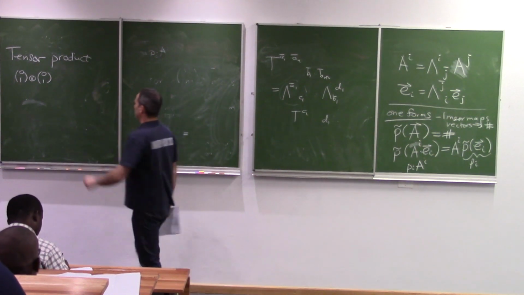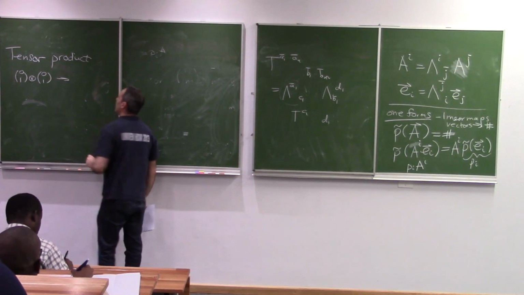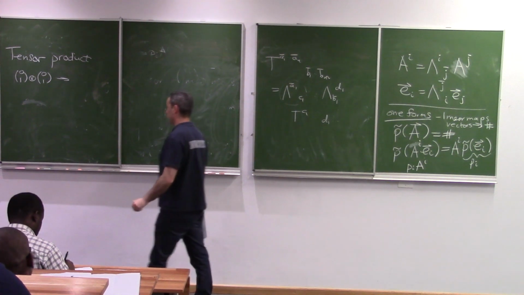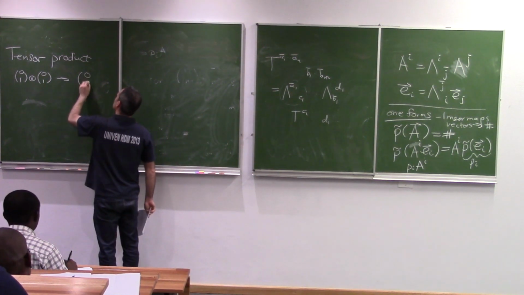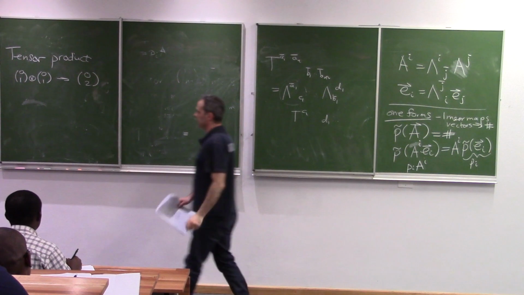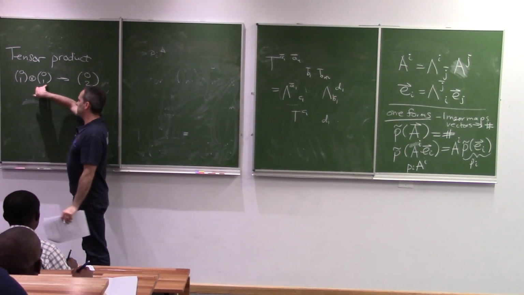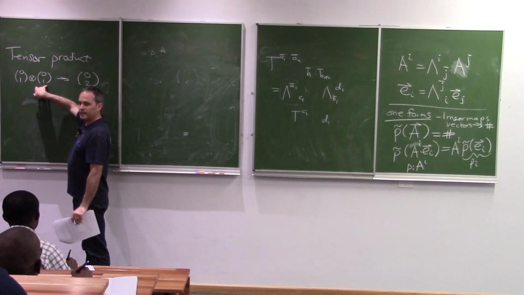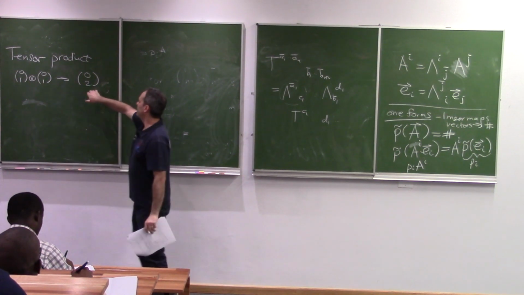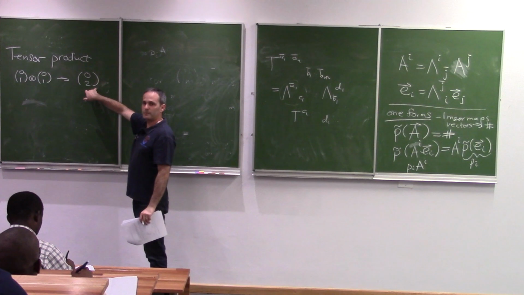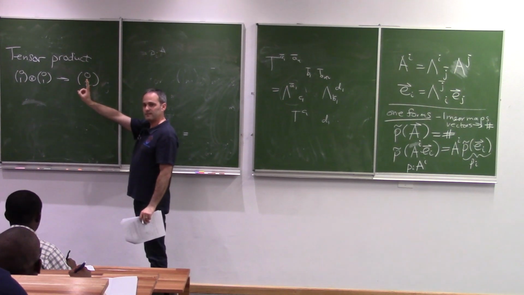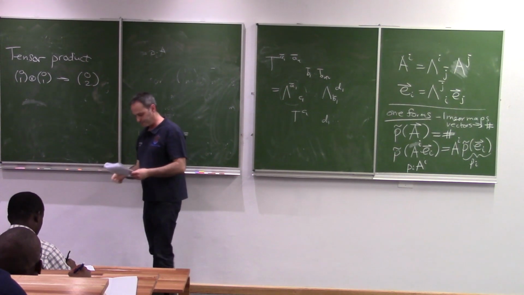So the tensor product for one forms will take two one forms and map them to something which is a 0-2 tensor. So this will take two objects, and to each of these objects I feed a vector. It's going to give me a number, and the tensor product gives me a new object. When I feed it two vectors, it's going to give me a number.